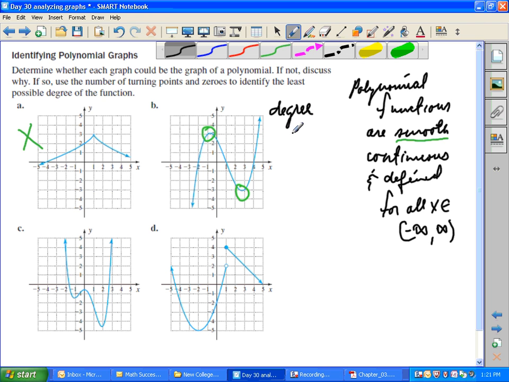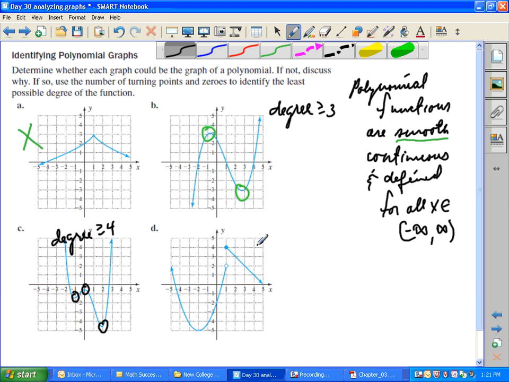Degree must be greater than or equal to 3. And it could be 5, it could be 7, but it can't be even. This one, it has 1, 2, 3 turning points, so its degree must be greater than or equal to 4. See how I'm adding 1 to the number of turning points.